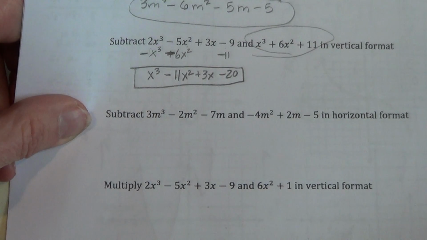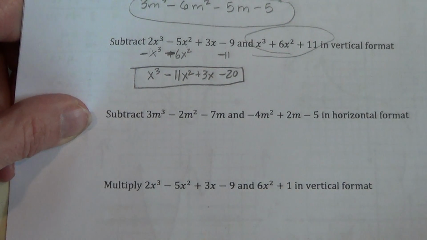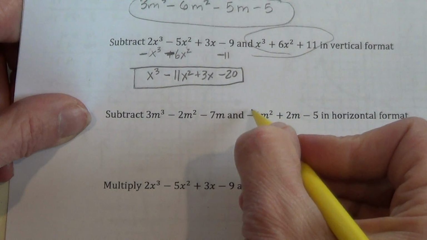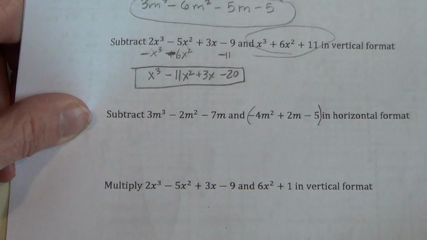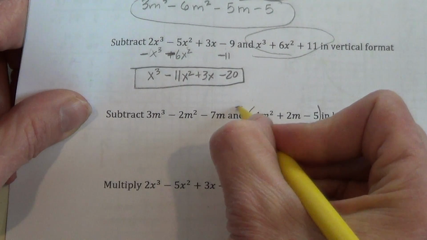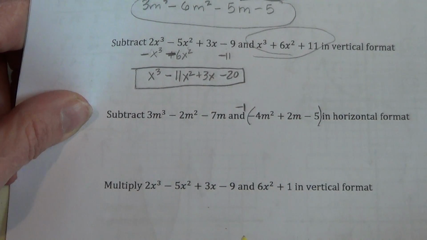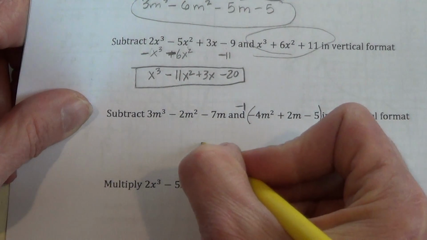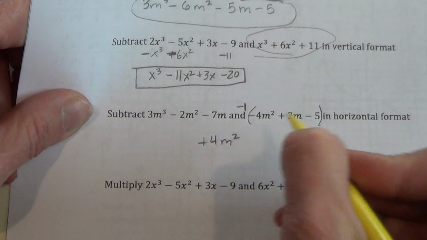Next one. They want us to subtract these now in horizontal format. So again, what I do is I change all their signs before I ever put them together. So again, I treat it almost like the add, but I just take that negative 1 or that subtraction sign through each one. So I have a positive 4m squared.